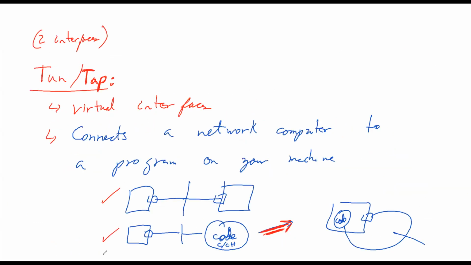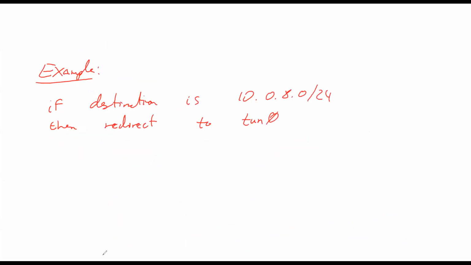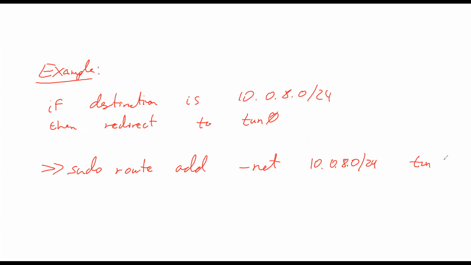Now in Linux, to do that in the terminal, you would simply say sudo route add -net for the 10.0.80.24 network, send it to tun0.